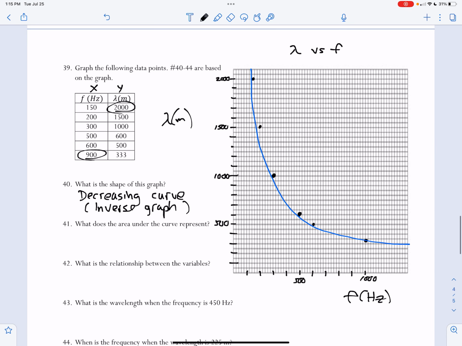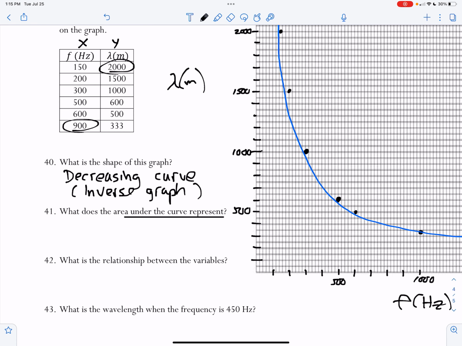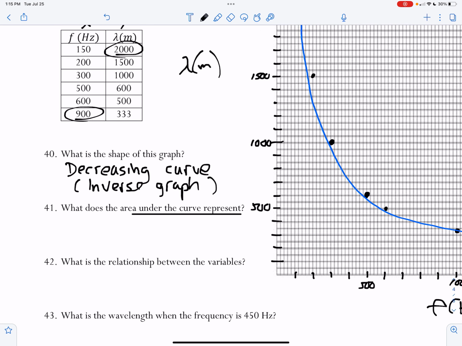Okay, what does the area under the curve represent? Well, the area here, this might be a little bit hard to understand because the units of meters times hertz doesn't really make a whole lot of sense, but the area under this one would essentially be wavelength times frequency, which is v, or the speed of the wave.